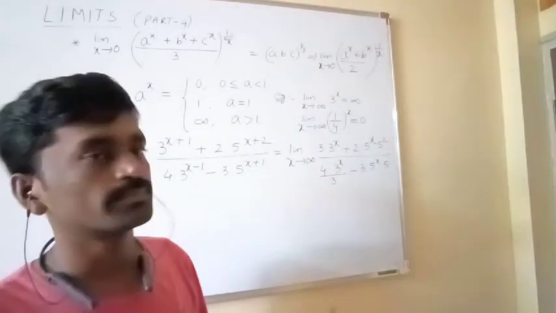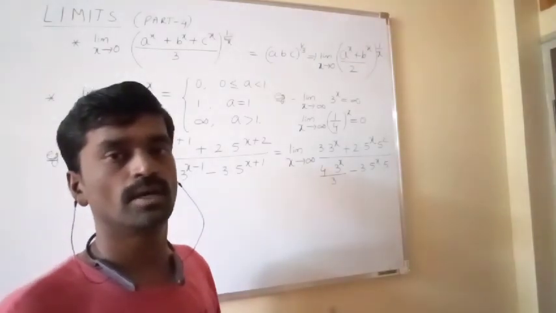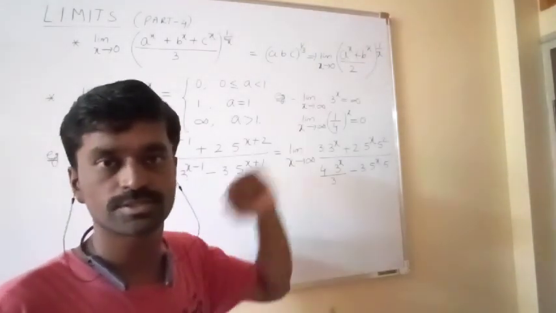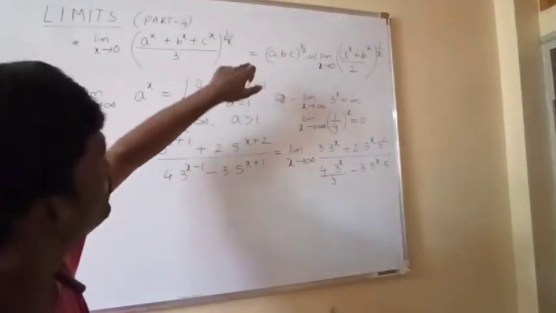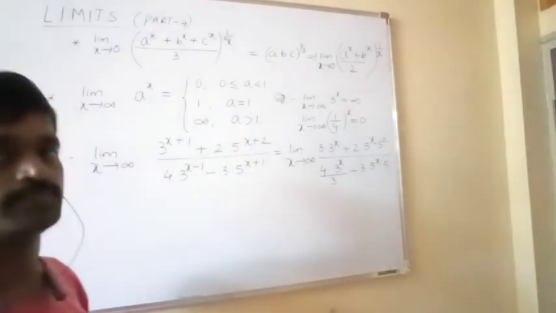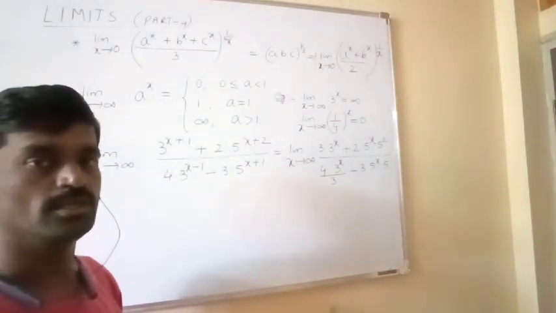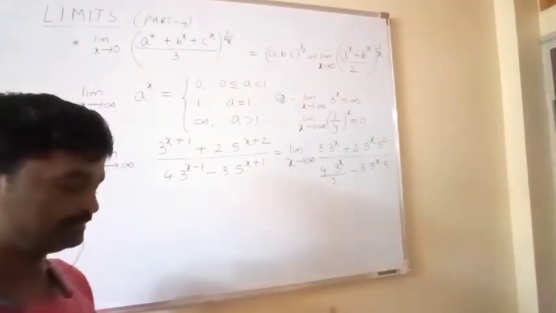Then what will be the answer? (A into B) whole power 1 by 2, because 2 constants. Suppose here (A power x, B power x, C power x plus D power x divided by 4) whole power 1 by x is there. What is the answer? (A into B into C into D) whole power 1 by 4.